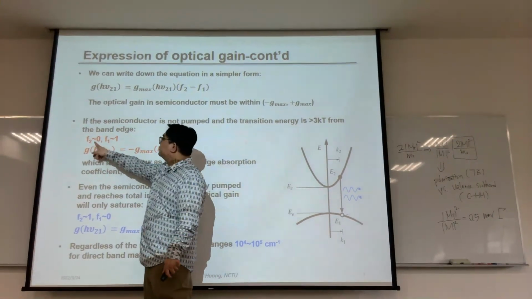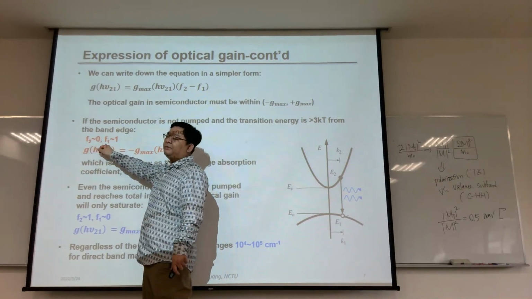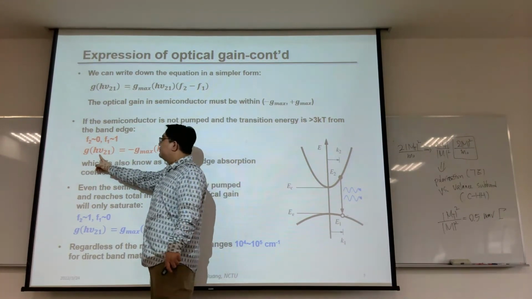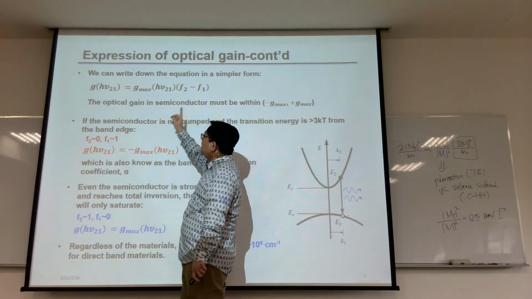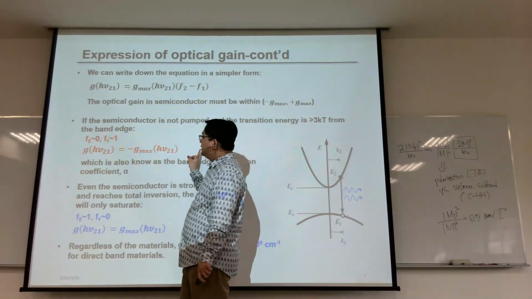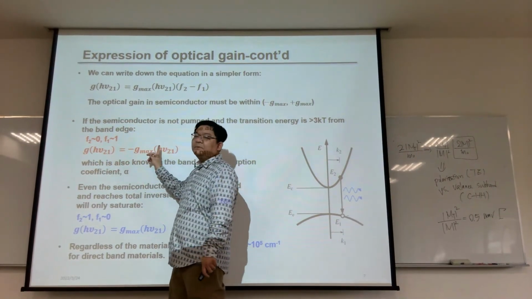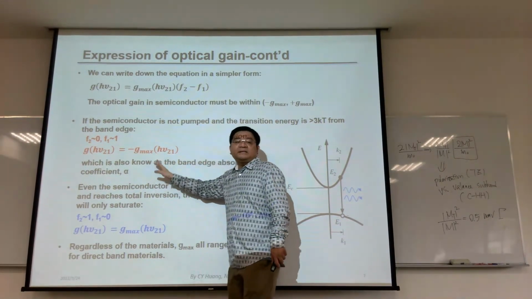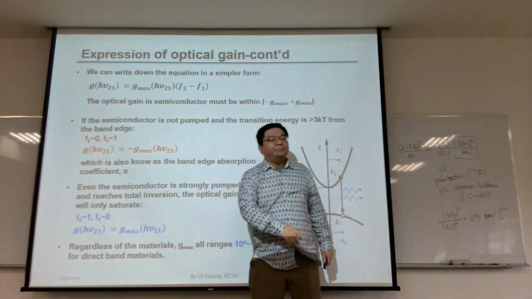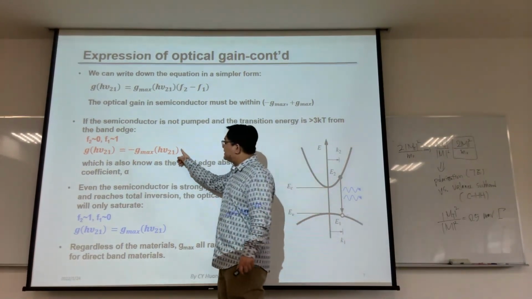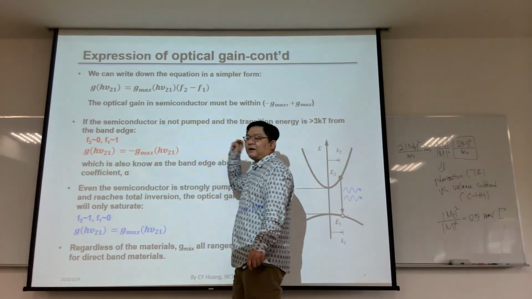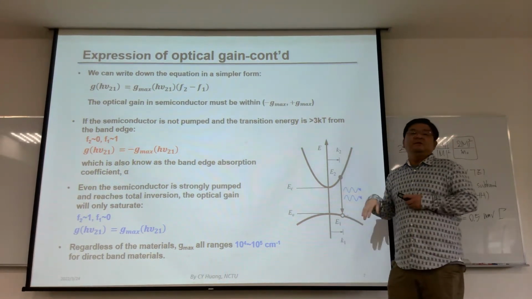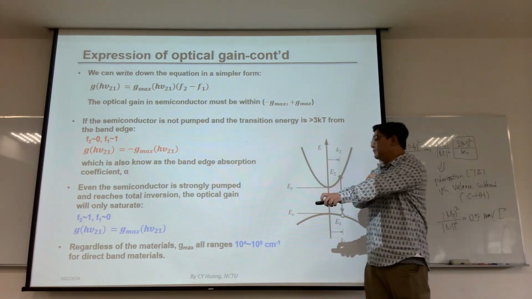In this case, F2 should be 0, and F1 should be 1. So the gain spectrum, F2 minus F1, will be minus 1. So the minimum value is negative, called minus Gmax. That's the case of absorption, the Beer-Lambert law. So you can also refer to this number as alpha, which is equivalent to the absorbance of a semiconductor material.